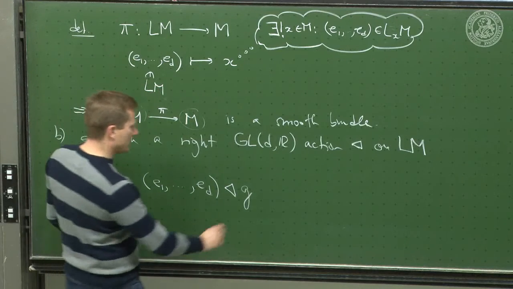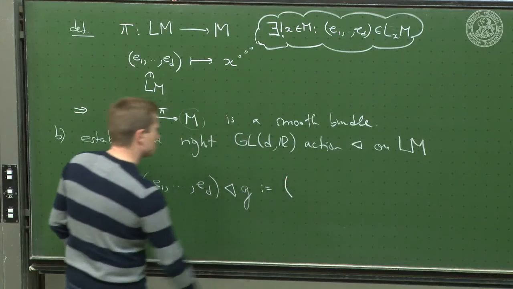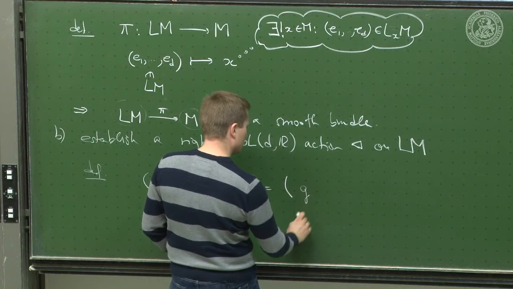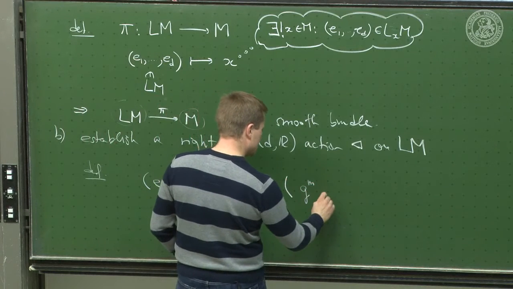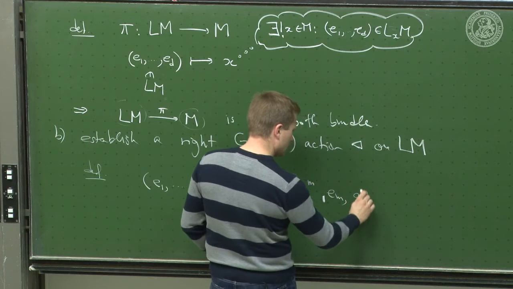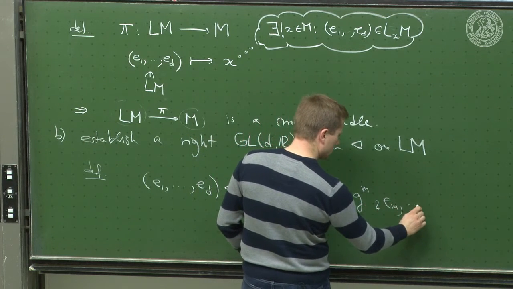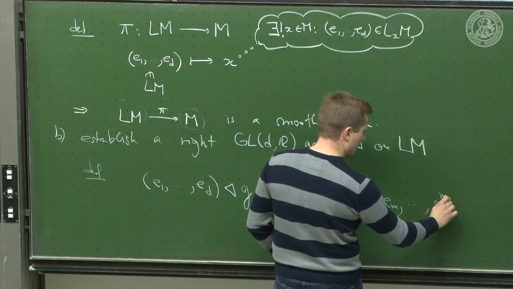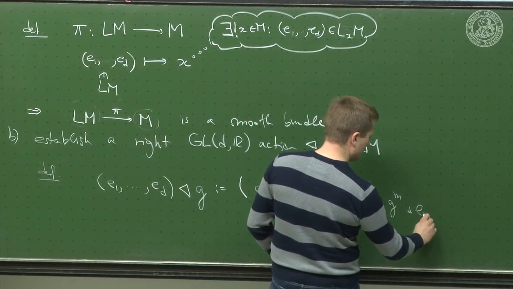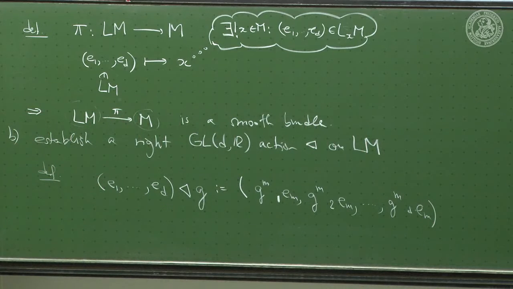We define this action as: g^m_1 e_m, g^m_2 e_m, and so on up to g^m_D e_m, where D is the dimension. What are these g^m_n?